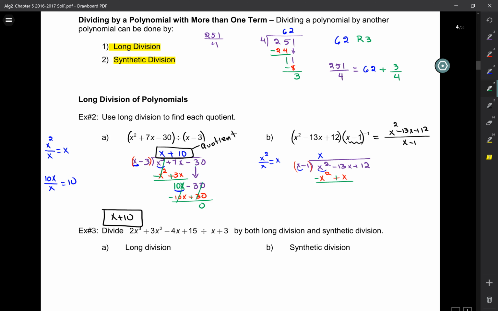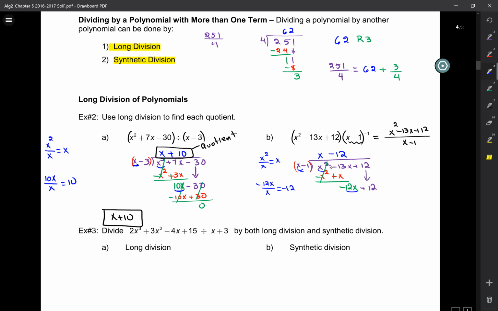Okay. X squared and x squared go away. Negative 13x, positive x is negative 12x. And what do I do now? Bring down the positive 12. And now, all over. First term with the first term. Negative 12x over x is negative 12.